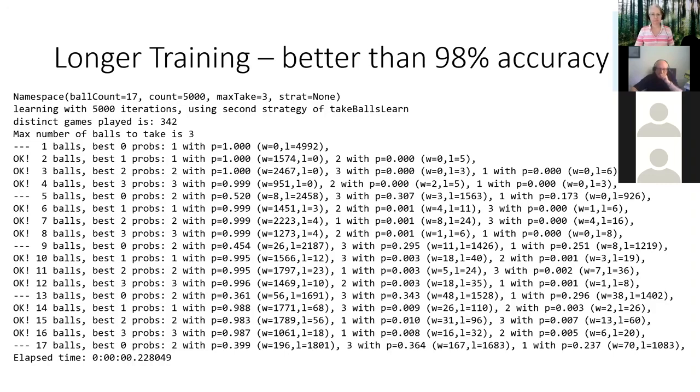And the problem with a lot of machine learning, when you come up to a problem like this, is that the first things that come up are: what's your data? Well, I haven't got any, because I haven't played any games. And then splitting your data up into training sets, validation sets, and test sets, and none of those concepts apply in this kind of scenario, because it's a different sort of game.